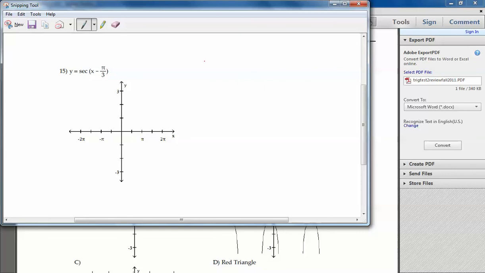To graph secant, we need to first write down the cosine and graph that. So we want to graph first y equals cosine of x minus pi over 3. Now there's no number in front of the x, so I want to figure out the phase shift. Remember, the phase shift is my starting point.